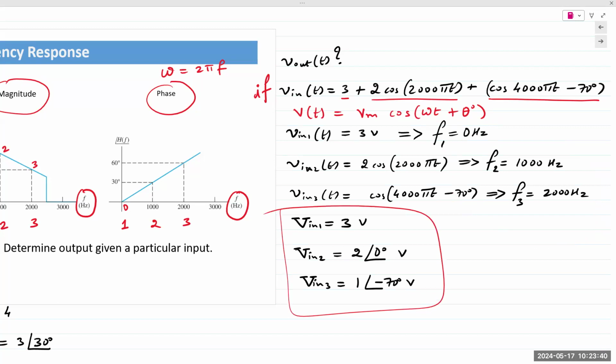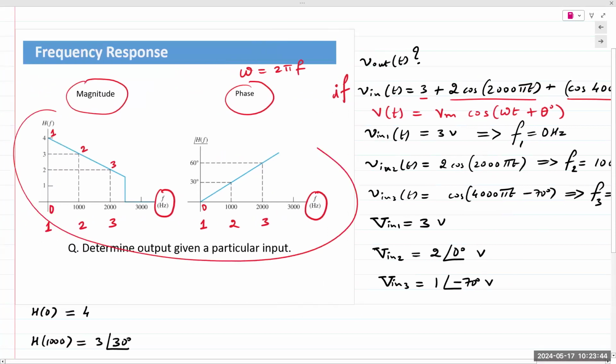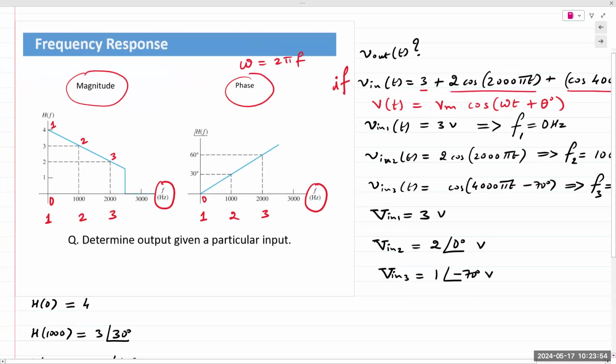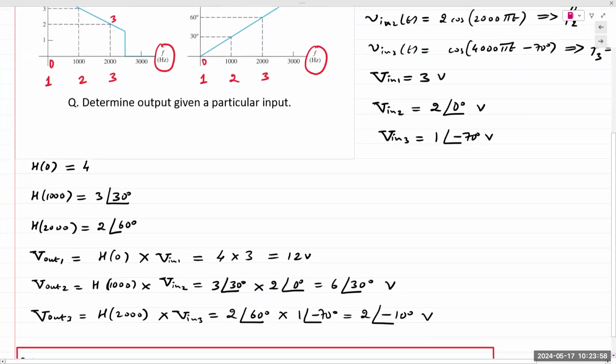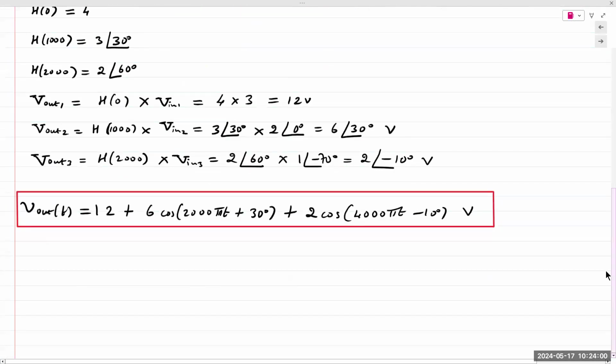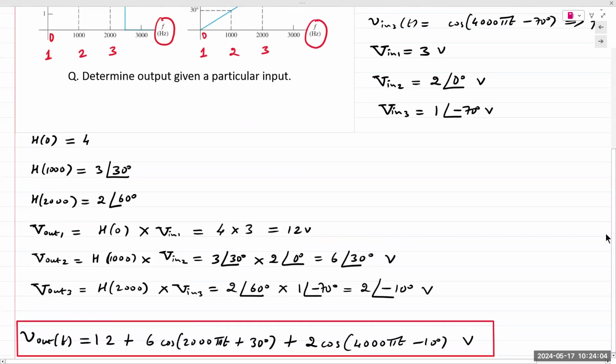And then we take the frequency information over to our charts, and we extract information about the transfer function at each one of those particular frequencies. So then we have three values for H: H of 0, H of 1000, and H of 2000. Once we have those, we simply take the phasors and multiply them together, and we have our final output.